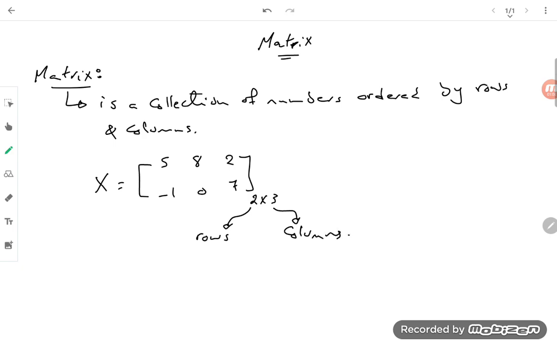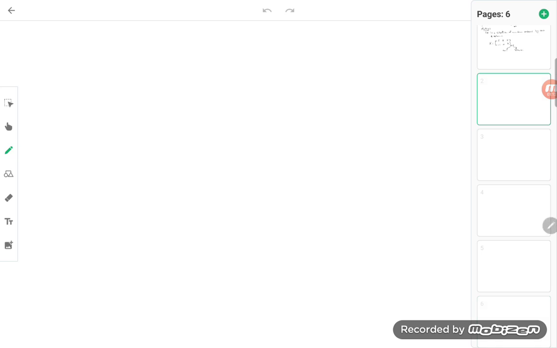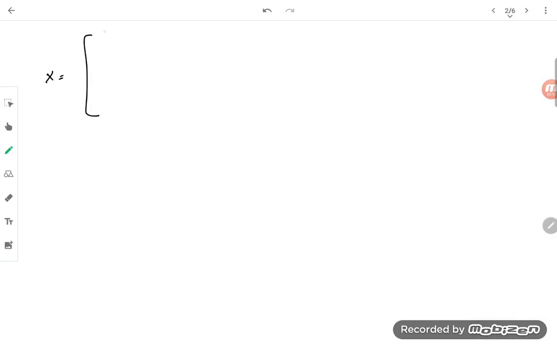So we can write the matrix as X equals A11, which means the element A in row number 1 in column number 1, A12, the element A in row number 1, column number 2, A13, etc., till we reach A1M, A21, the element in the second row, first column, A22, and so on.